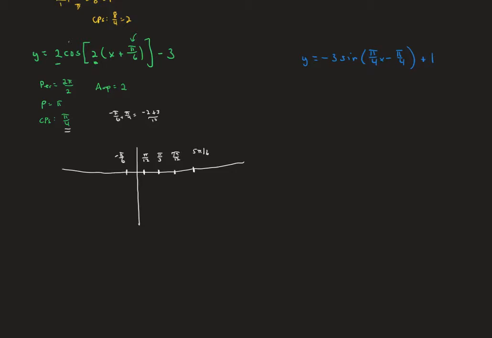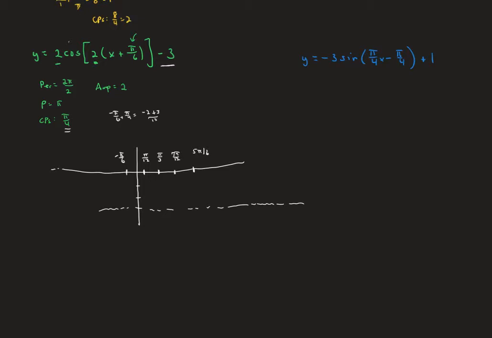Okay, now this minus 3 is going to translate this whole thing down 3. So our midline, which was at 0, is going to go down to negative 3. I'm going to make a little dotted line so I don't lose where the middle of our graph is.